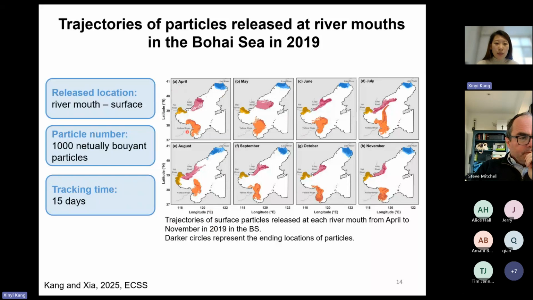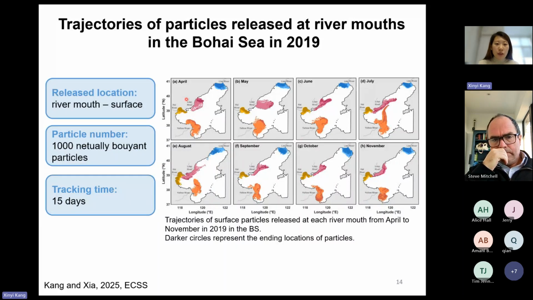For the particles released from the Yellow River, the orange ones, in July they could travel further to the Central Basin. There is a strong gyre current under the prevailing southerly winds and high river discharge in July. And for other months, particles from the Yellow River were mainly distributed in the western part of Laizhou Bay.